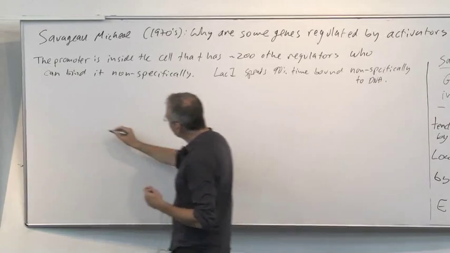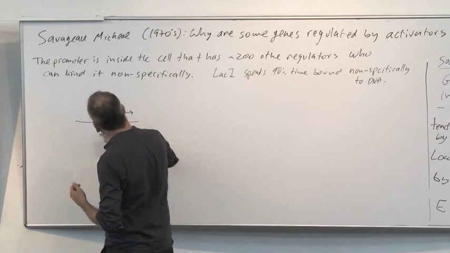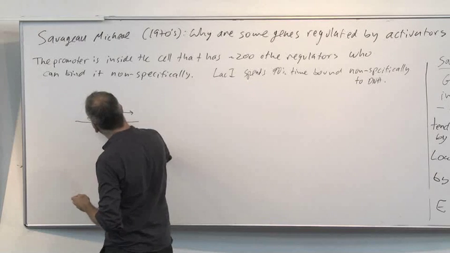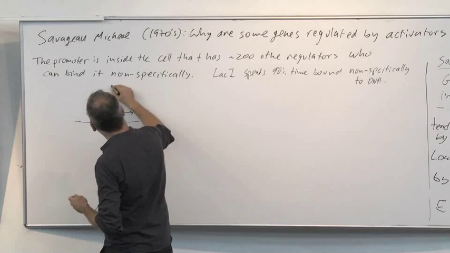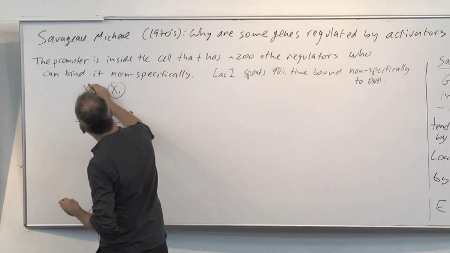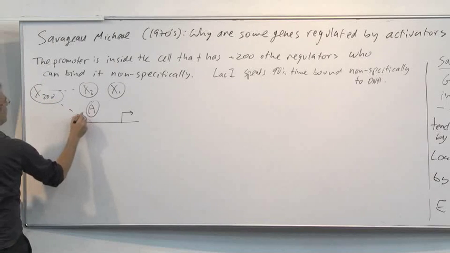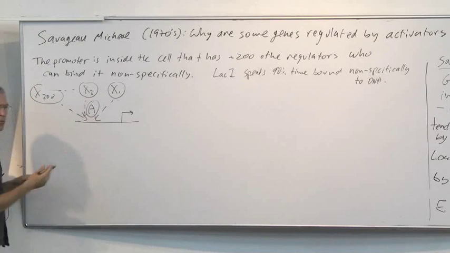So if you have your promoter and you have your transcription factor that wants to bind it, there is X1, X2 to X200 that want to bind the same site with weak affinities.